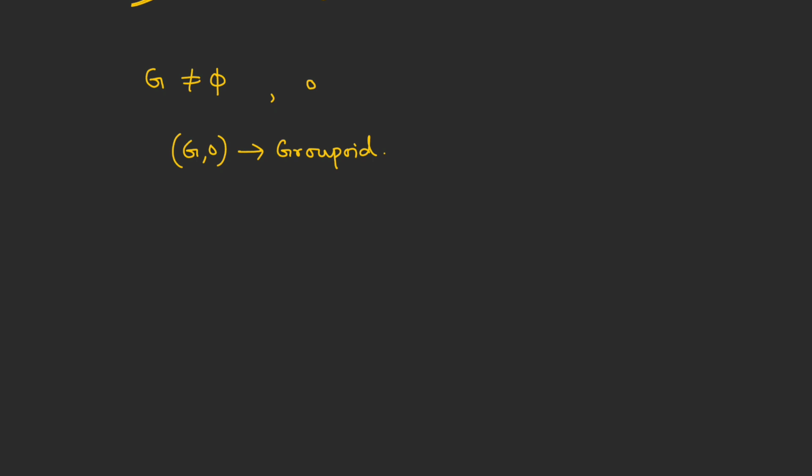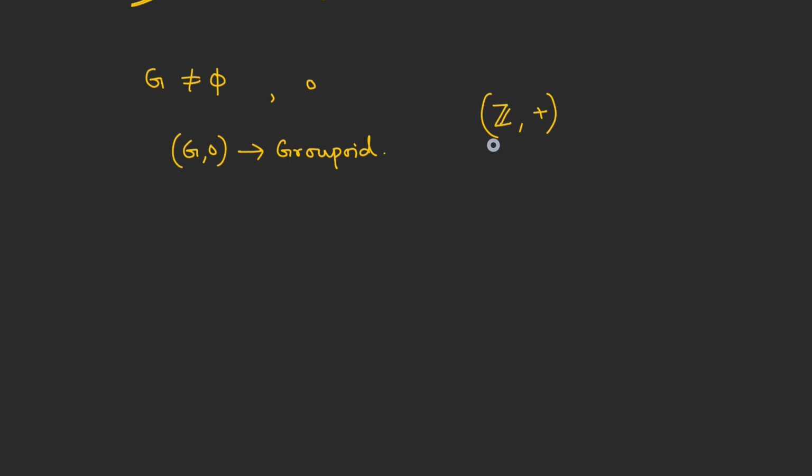For example, suppose I write the set of integers Z, and let's say the binary operation is addition. Binary operations are nothing but operations such as addition, subtraction, multiplication, matrix multiplication, matrix addition, etc. So we have a non-empty set Z, the set of integers, and a binary operation addition.